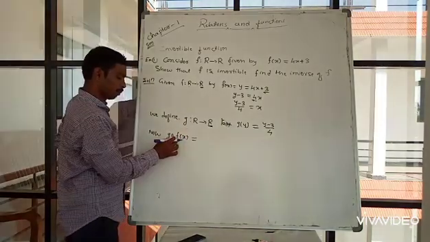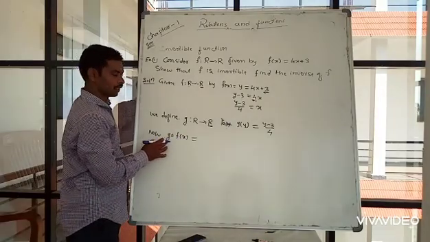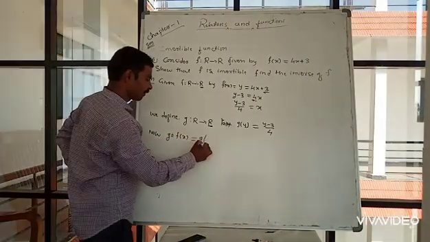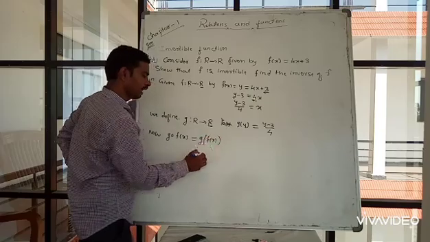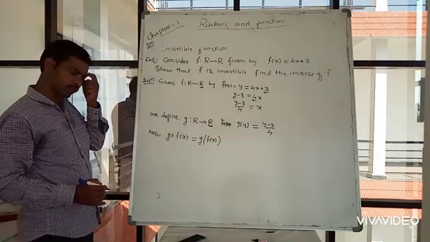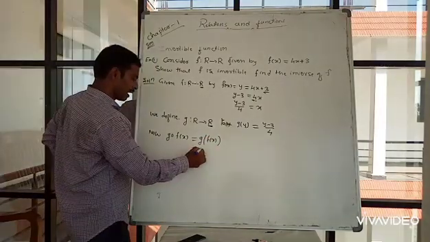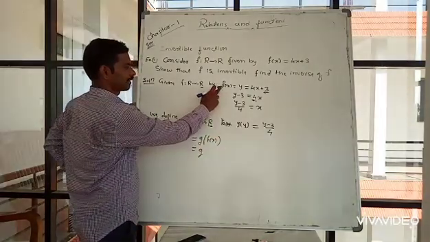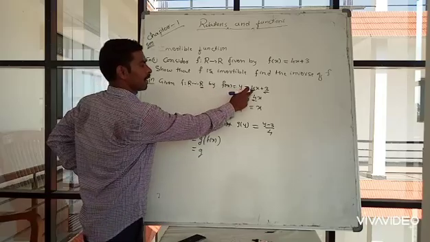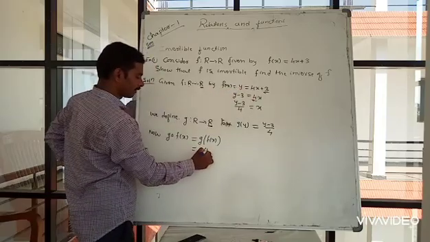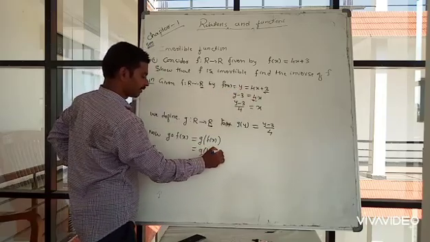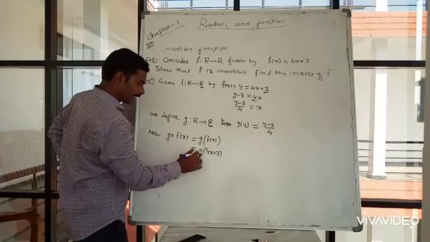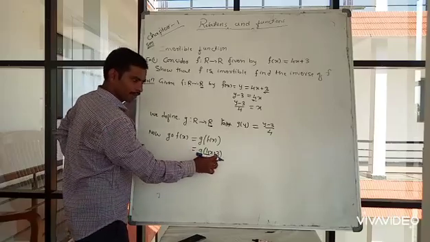From the definition of the composition function, this is g of f(x). Keep g as it is, and f(x) is given as y = 4x + 3. So it is g of (4x + 3).